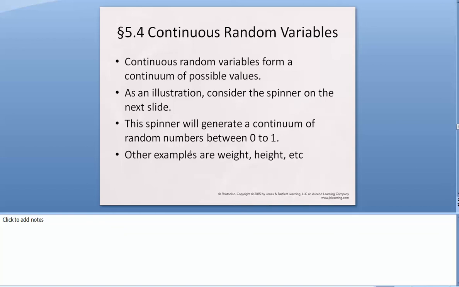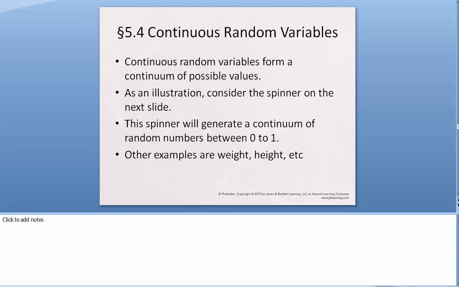Other more real life examples are weight, height. You can tell me lots of stuff like temperature and so forth. Any particular measurement that can take a value in a given specific range, with no breaks at all, would be a continuous random variable. Okay, all right then.